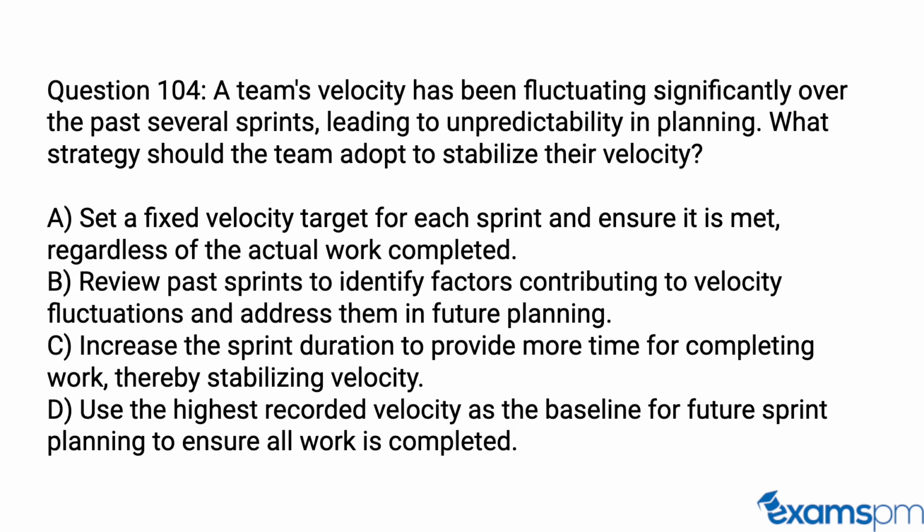B. Review past sprints to identify factors contributing to velocity fluctuations and address them in future planning. C. Increase the sprint duration to provide more time for completing work, thereby stabilizing velocity. D. Use the highest recorded velocity as the baseline for future sprint planning to ensure all work is completed.